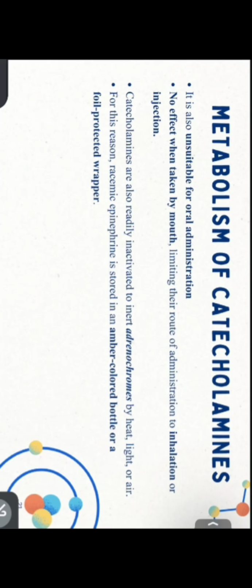Ano ba yung adrenochromes? Yung adrenochromes natin is inactive compound siya kapag yung catecholamines natin is na-oxidize via heat, light, or air. So, since ayaw natin mangyari yun, ini-store natin yung catecholamines or yung epinephrine natin din sa amber-colored bottle or a well-protected wrapper.